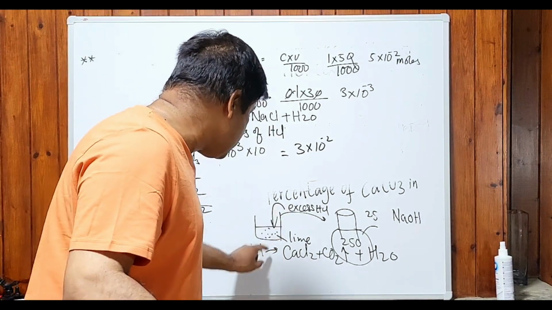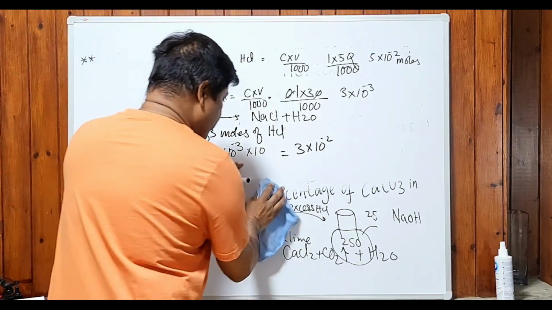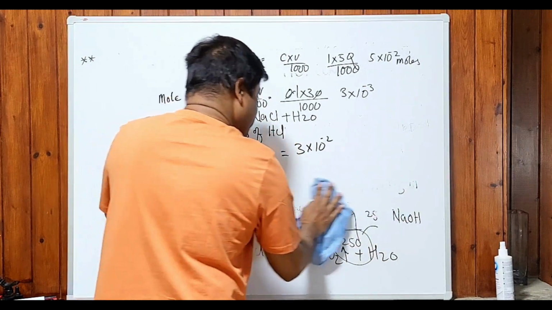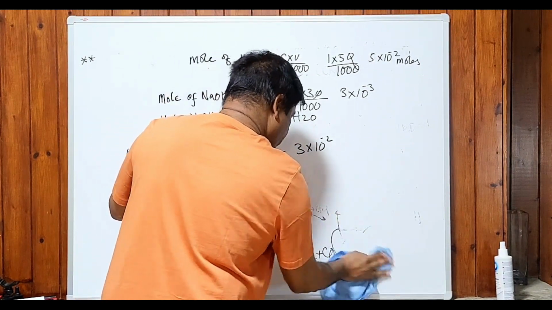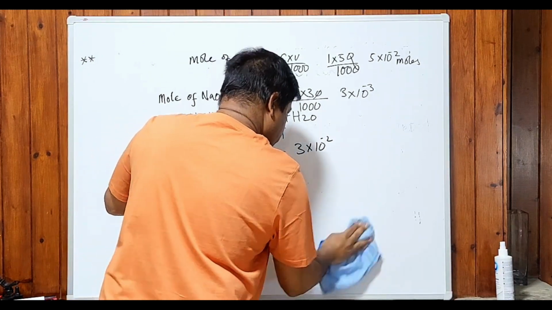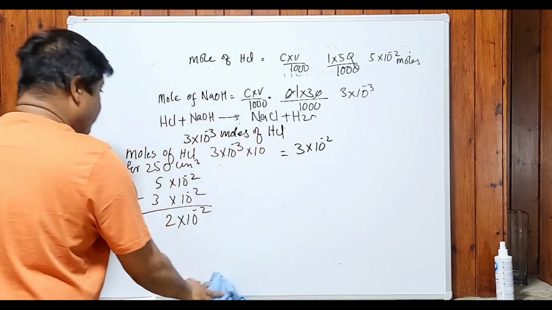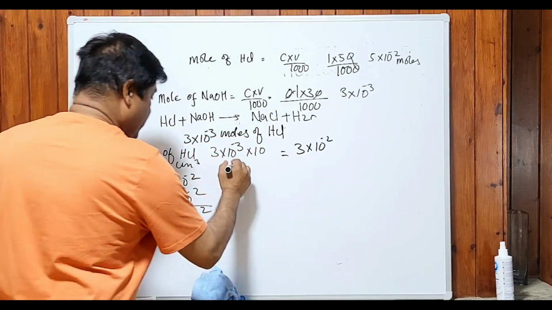with calcium carbonate. I rubbed out the equation between the calcium carbonate and HCl. I will write it again, don't worry. Sorry for repeatedly rubbing the board because I don't have enough space. Now look at that.